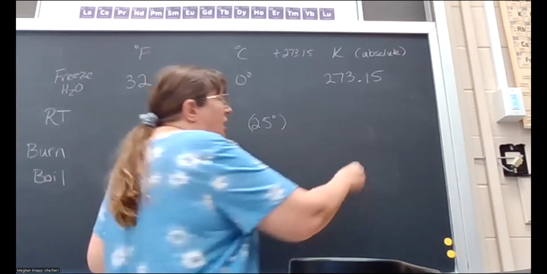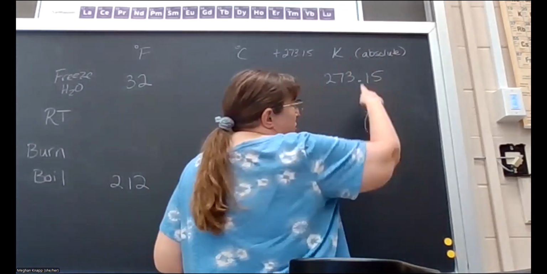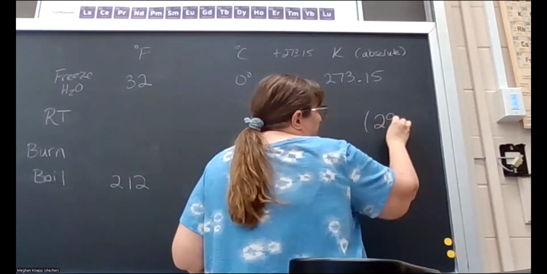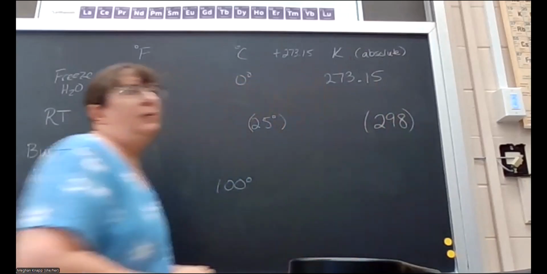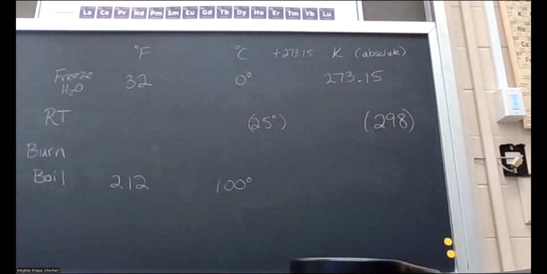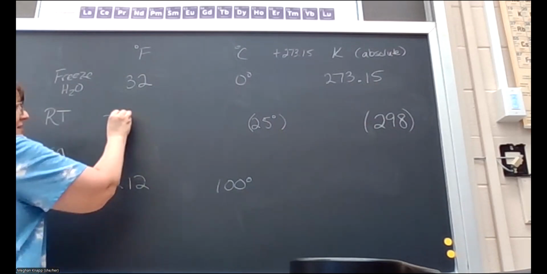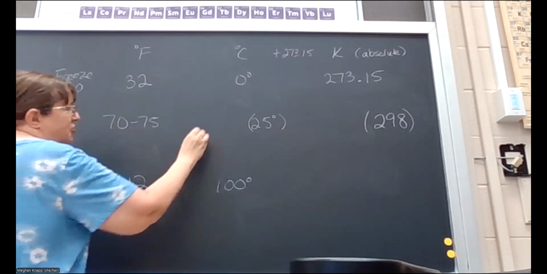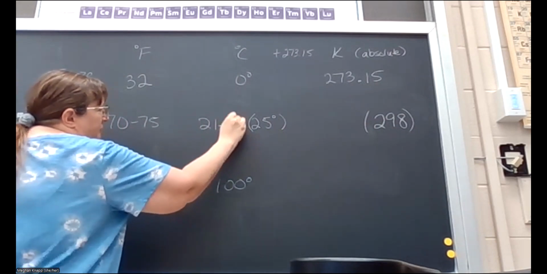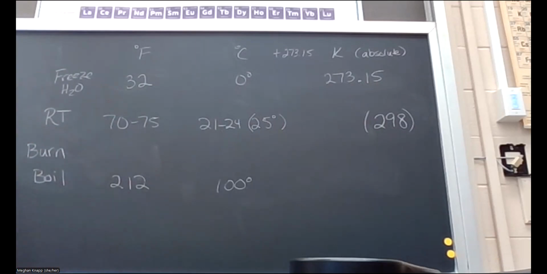This number will come up again when we start using Kelvin as 298. So we will see that from time to time. In actuality, what's more comfortable for us in that 70 to 75 range might be 21 to 24 degrees Celsius.